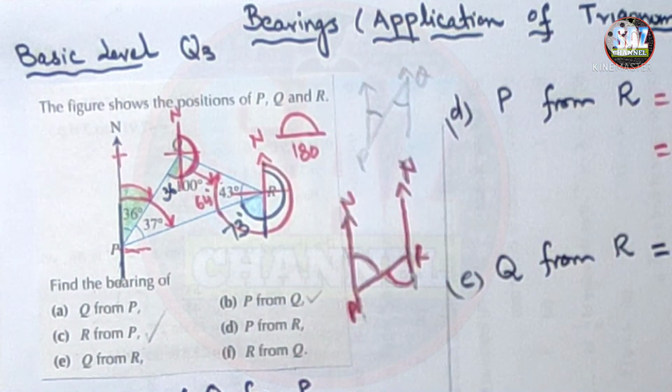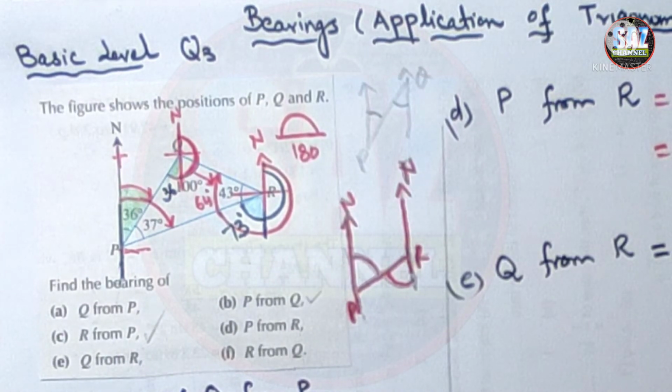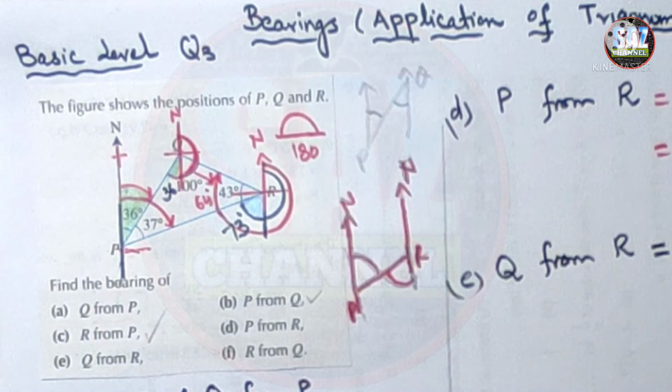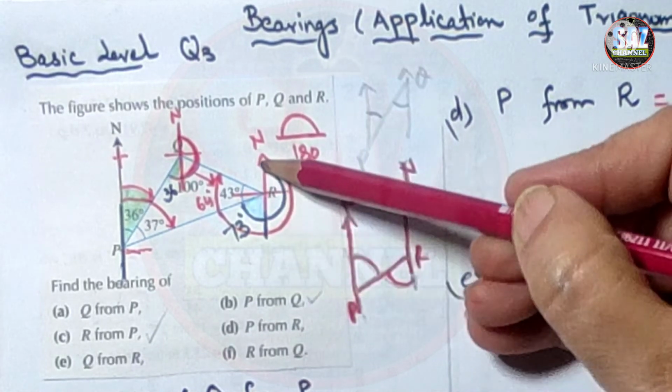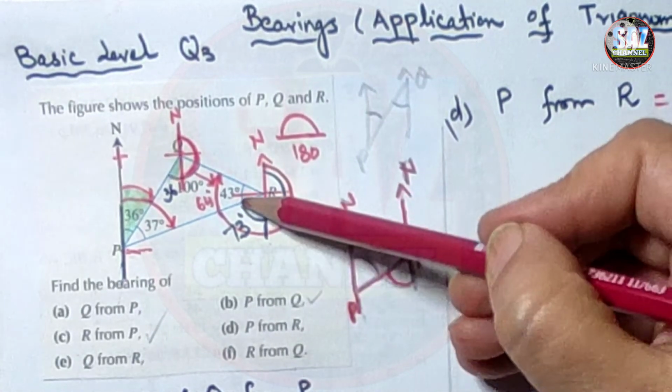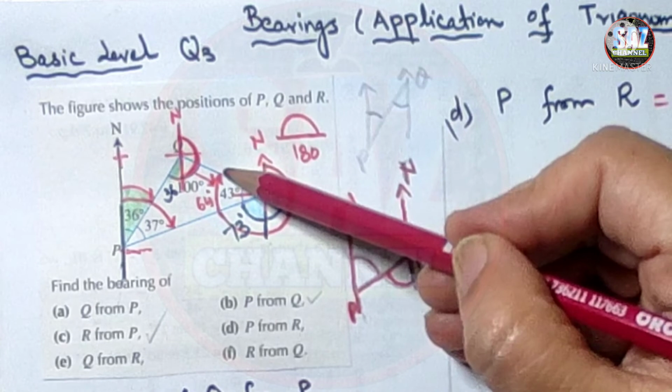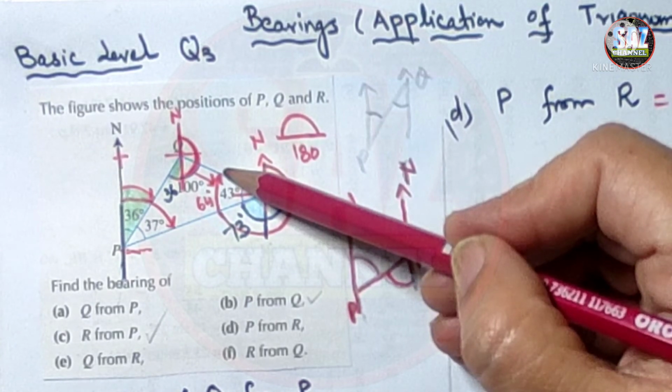Now students, look at the figure carefully and see how we can find this angle. One way of finding the bearing is that this is 180, this turn is 73 degrees, and this turn is 43 degrees.